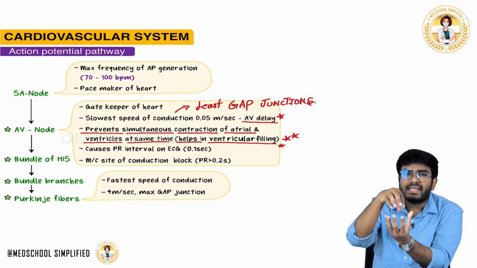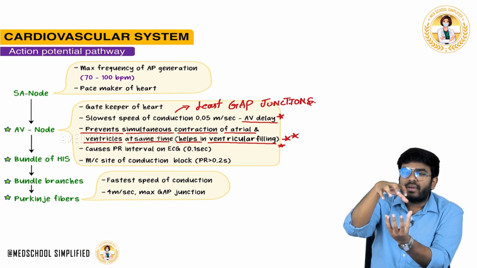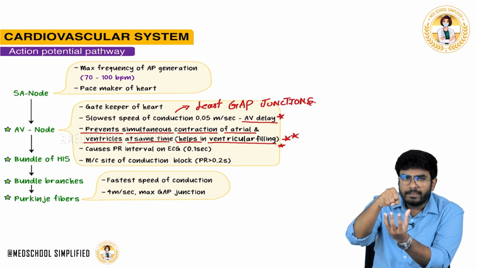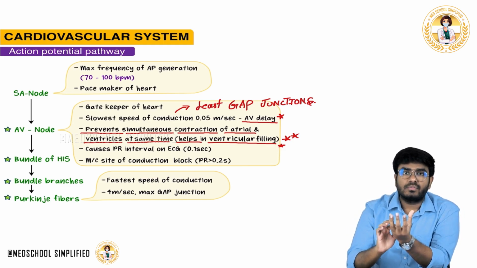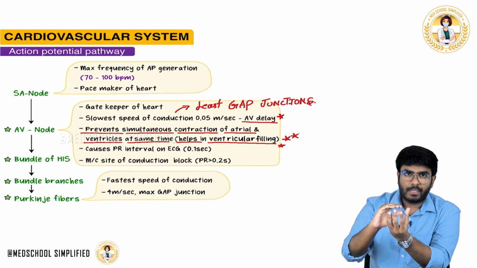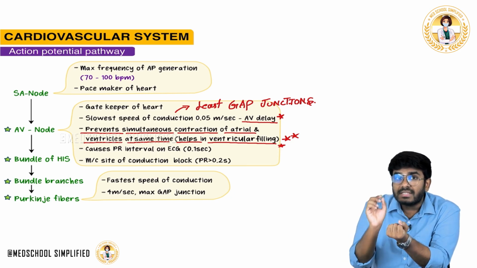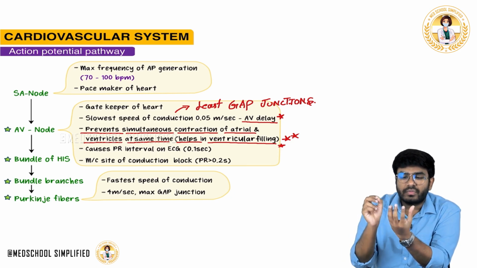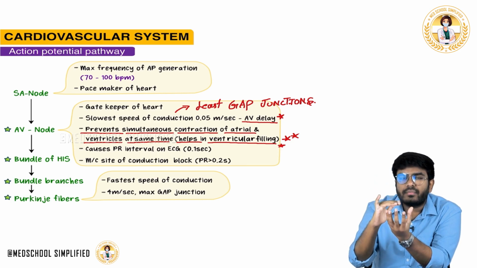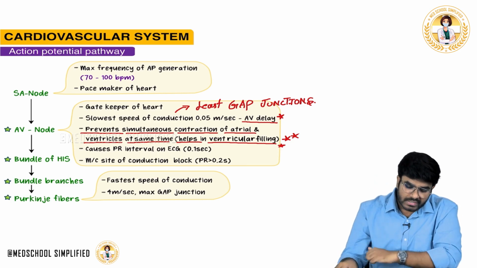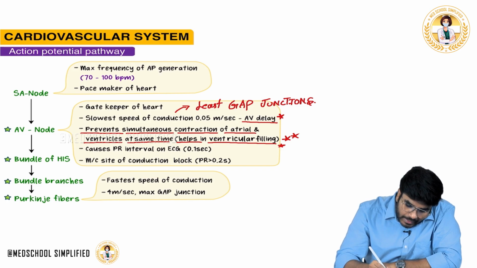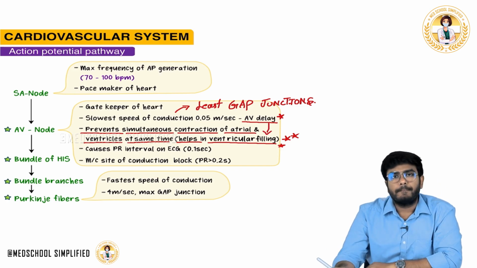So, ventricular filling is happening. The ventricles are not contracting because the impulse is now stuck in the AV node. So, the ventricles are relaxed and receiving the blood from the atria. So, what is the physiological importance of AV delay? It helps in ventricular filling.